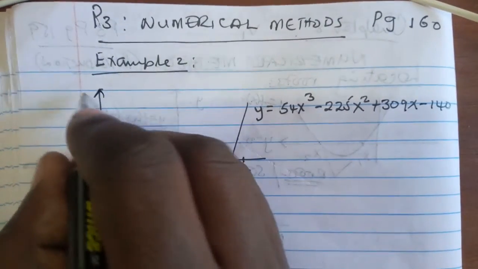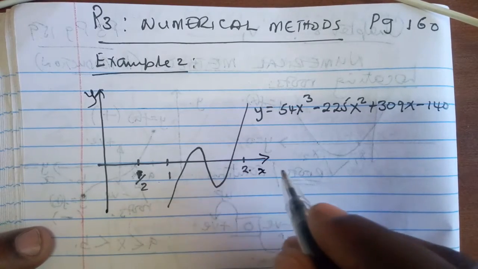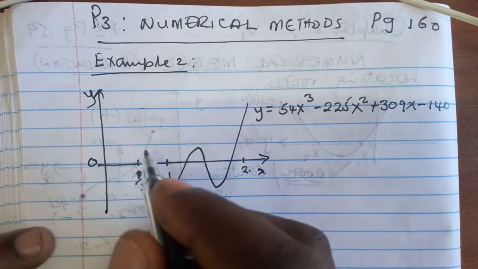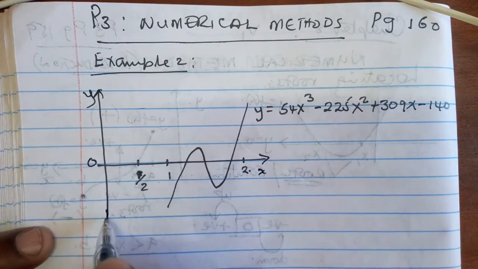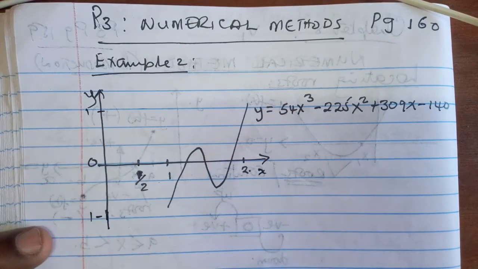Now we have the y-axis there, and of course the x-axis there. We have 0, and we have -1, and we have a 1 there.